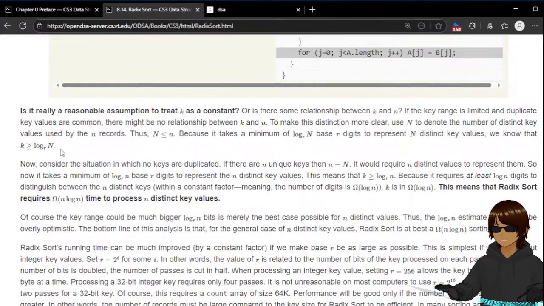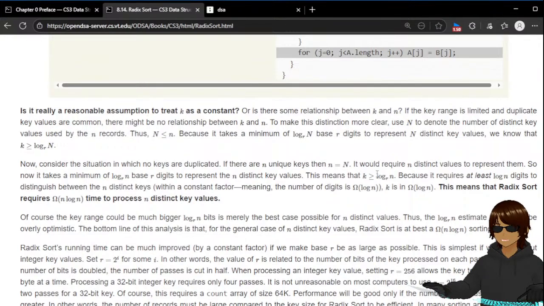We know that k is greater than or equal to log base R of N. Now consider the situation in which no keys are duplicated. If there are n unique keys, then n is equal to capital N. It would require n distinct values to represent them. So now it takes a minimum of log base R of n digits to represent the n distinct key values.